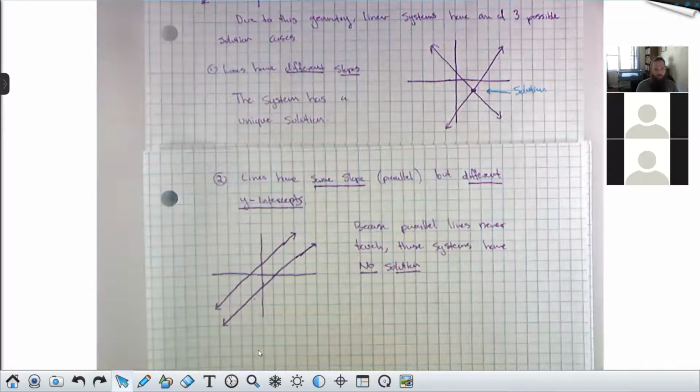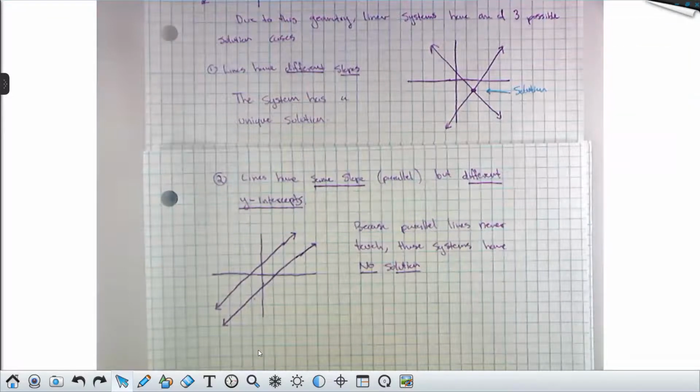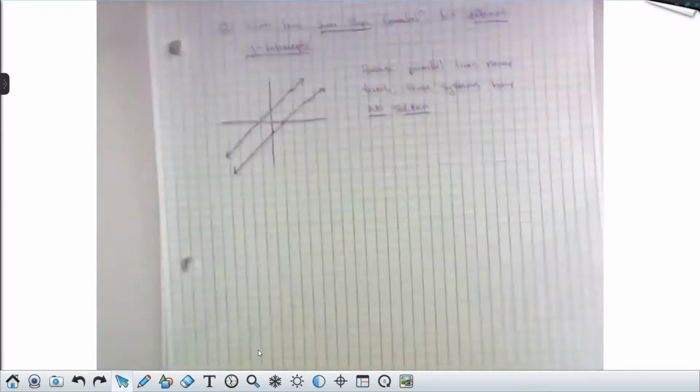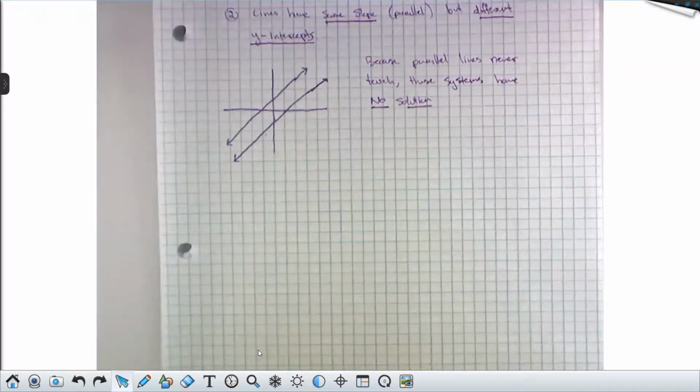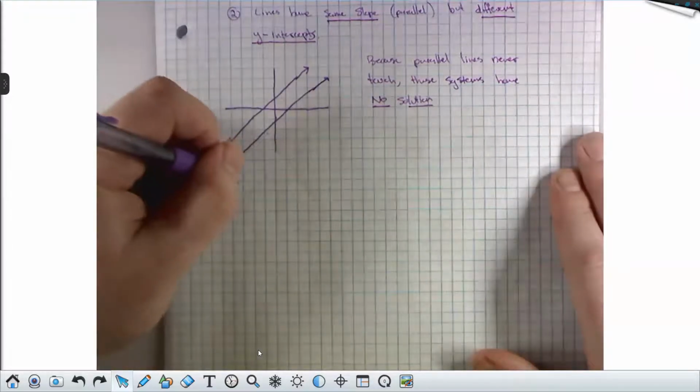What else is possible? Well, you could have the same slope and the same y-intercept.